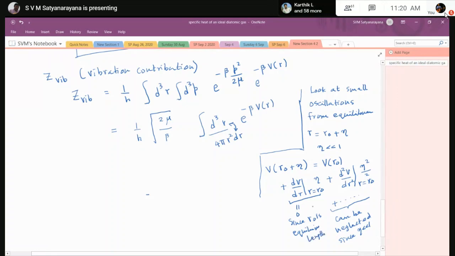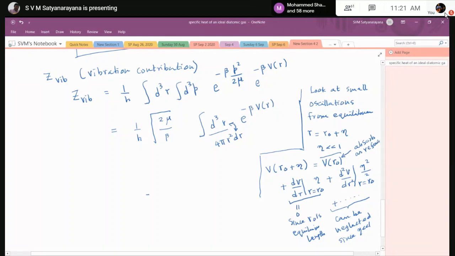So at equilibrium length there is no force, and dV by dr is the force. And this particular term V of r naught is a constant, so you can always absorb it as a reference.